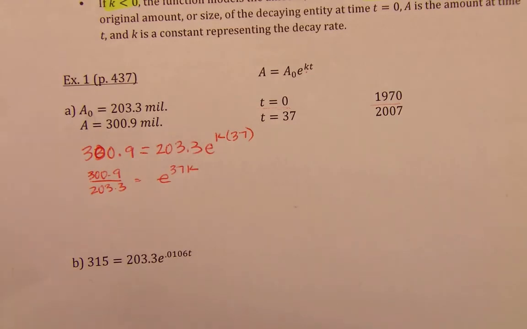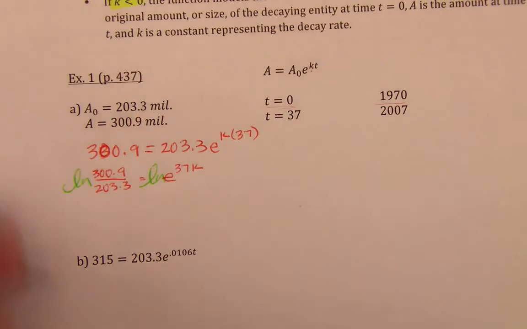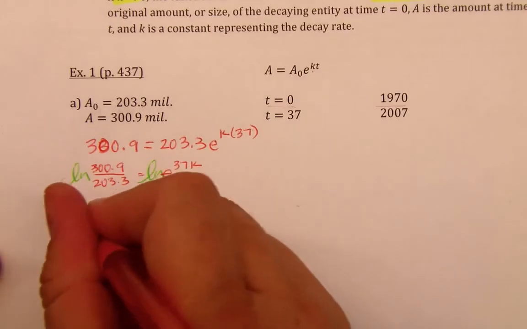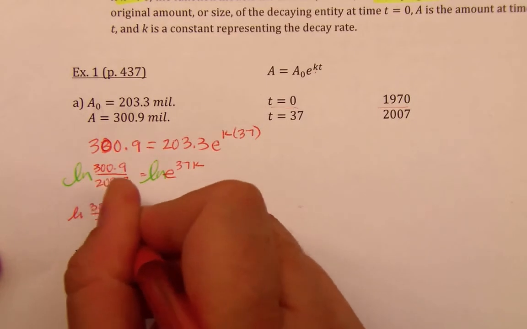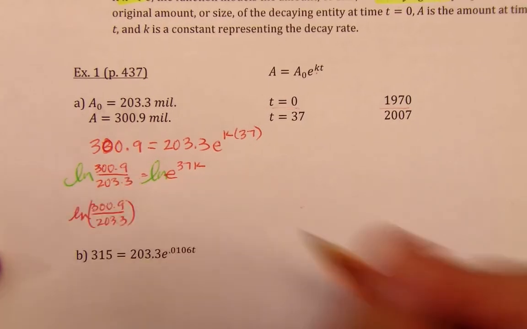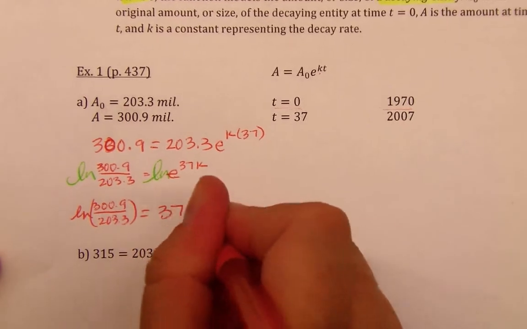And then I can take the natural log of both sides, and I'll have natural log of 300.9 over 203.3 equals natural log of E to the 37K, which is just 37K.